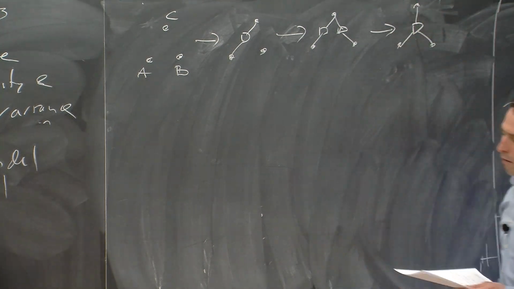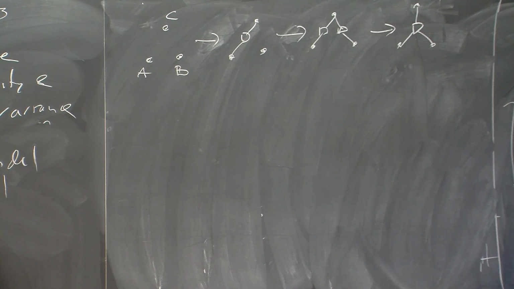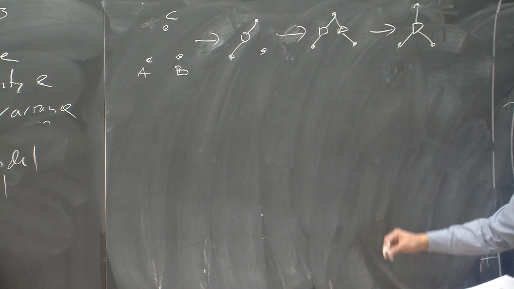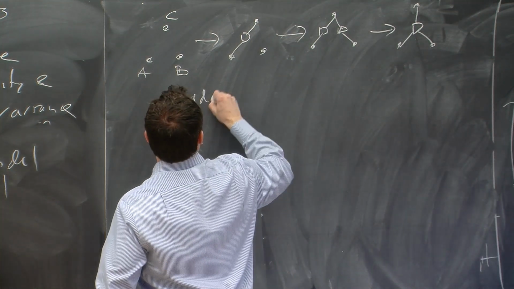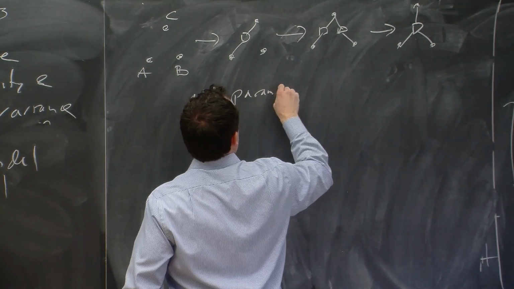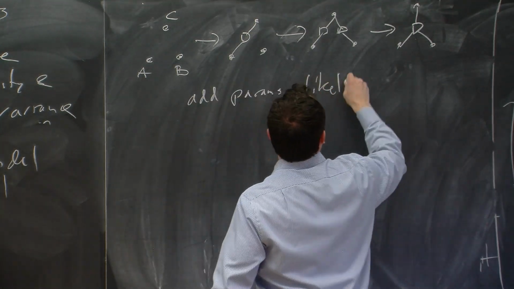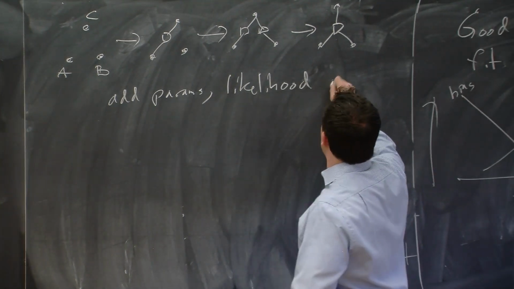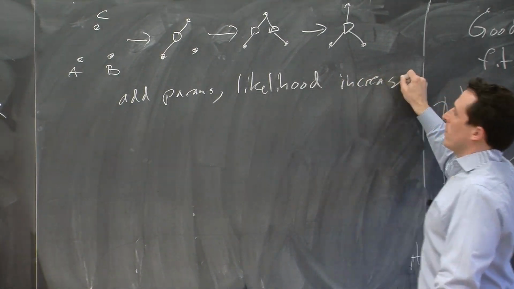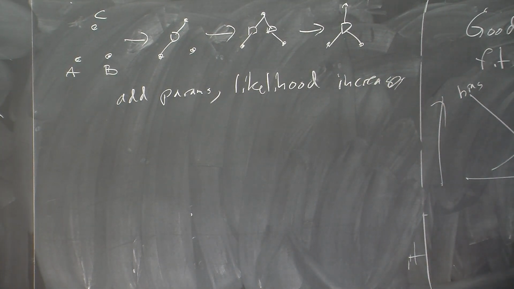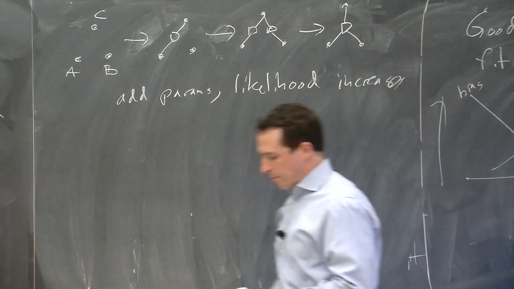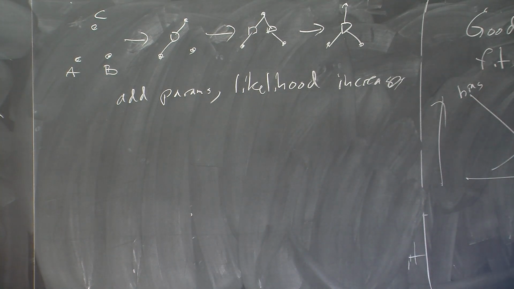So each of these are bigger models. At each point, I add more parameters. And the likelihood, which is my naive measure of how well it fits, always increases until it's as good as it can get at the saturated model. Or the fit keeps improving. The prediction error of the training set goes to 0.